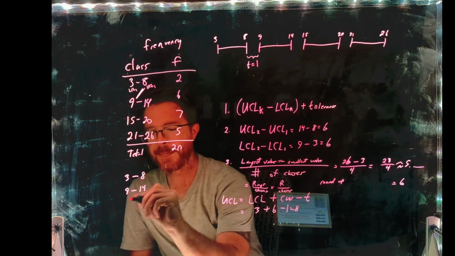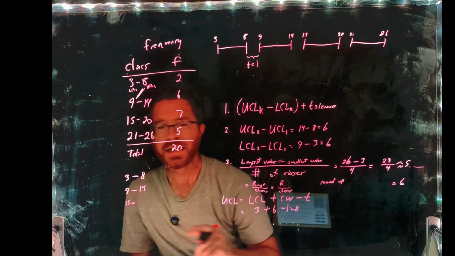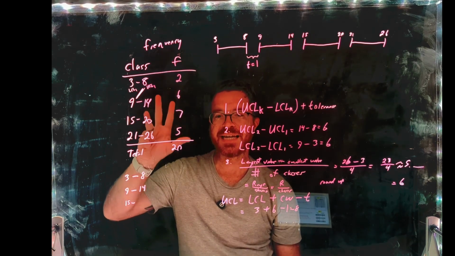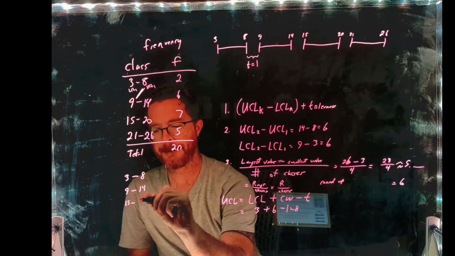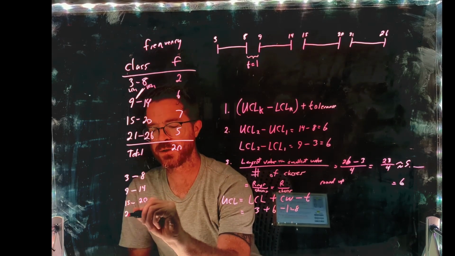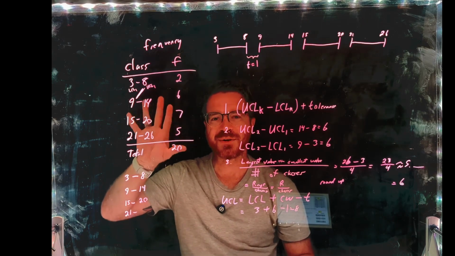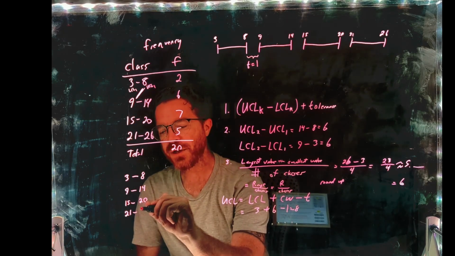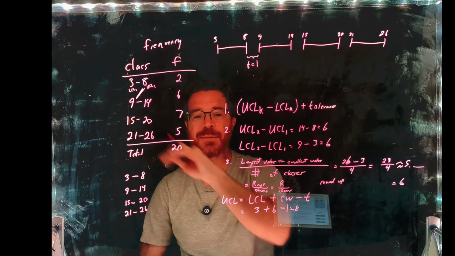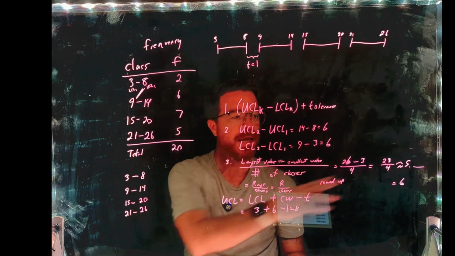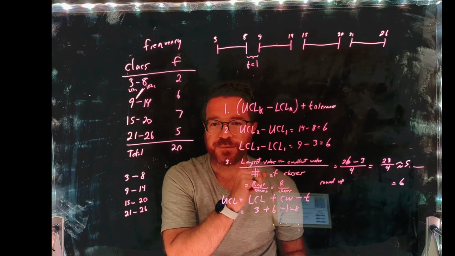Go up by 1, you get 15. Again, 15, 16, 17, 18, 19, 20. Go up by our tolerance, 21, and then 21, 22, 23, 24, 25, 26. So you'll notice that we got the same table that we originally had by rounding our value.